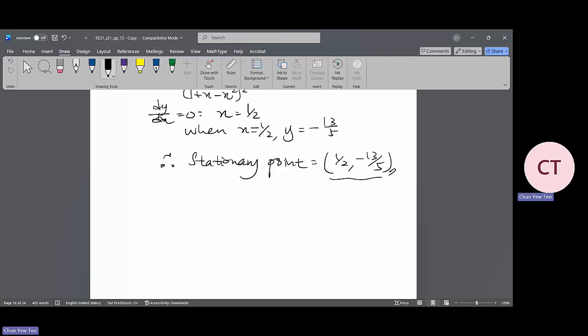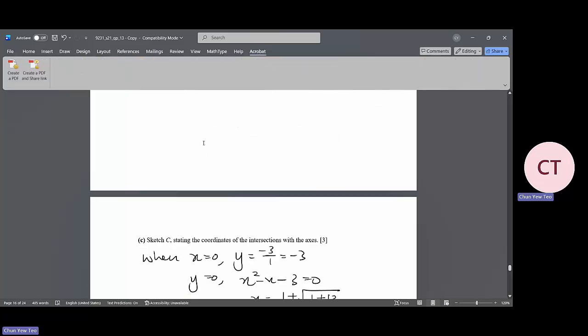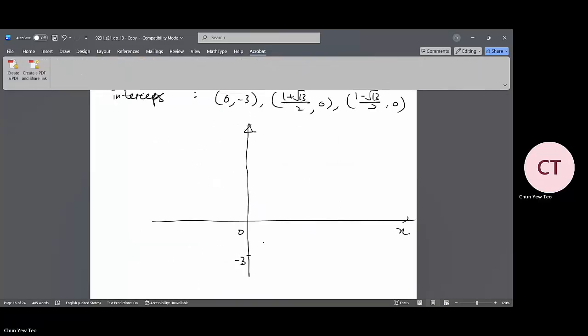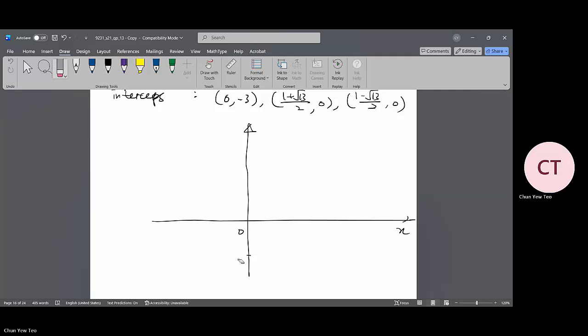Then what is your stationary point? x is a half and -13/5. This is -3. This is the half.